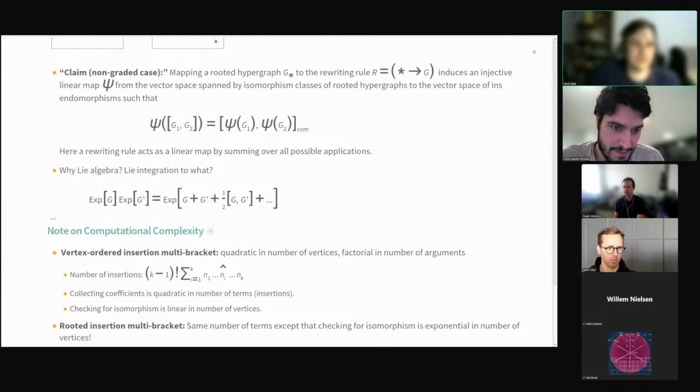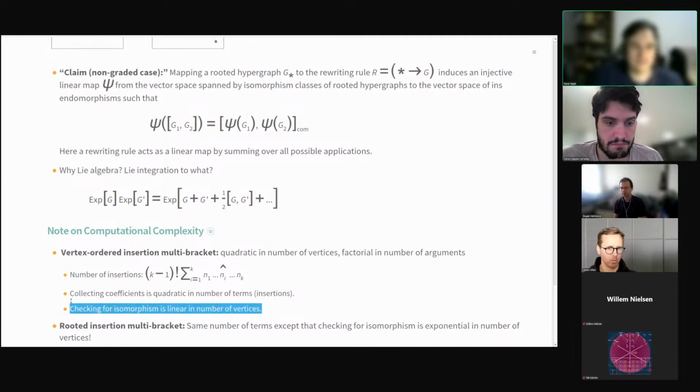I just wanted to make a note on computational complexity. For the vertex ordered insertion multi-bracket, it's quadratic in the number of vertices and factorial in the number of arguments, which is not that bad, since there is always this anti-symmetrization. The crucial fact is that checking for isomorphism is linear in the number of vertices. This is what we just discussed with Carlos, that it is really just sorted stuff.